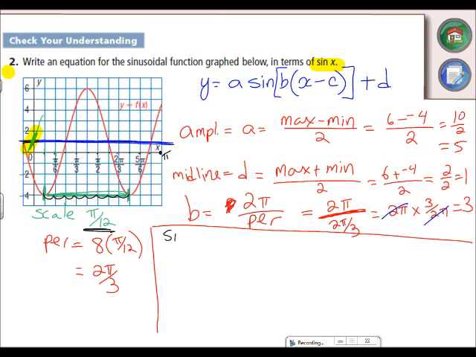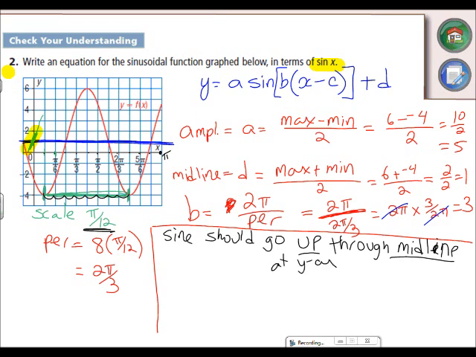So sine should go up through midline at y-axis. Up, midline, y-axis. Should have been here, going up.